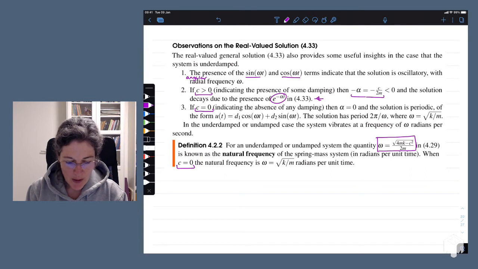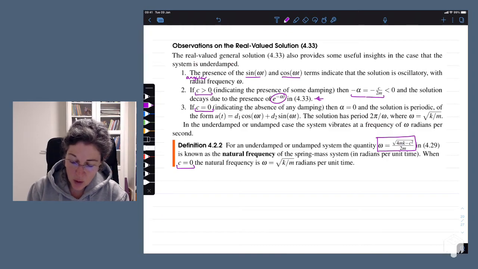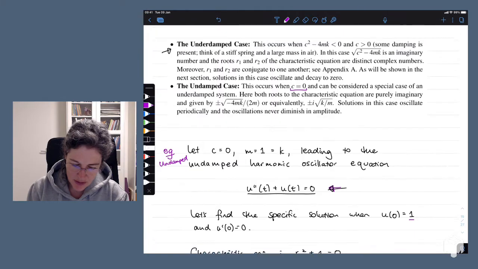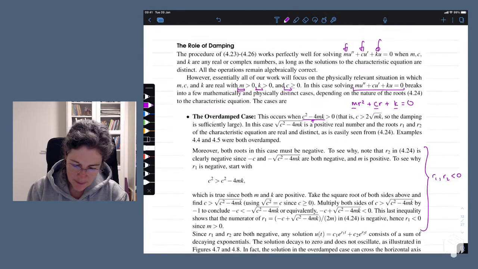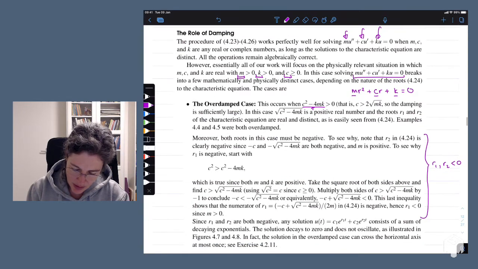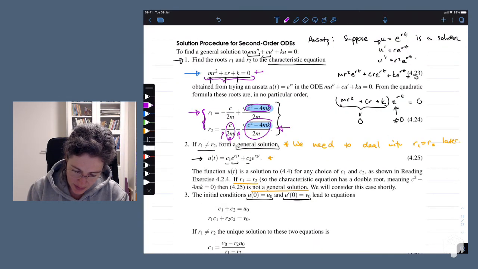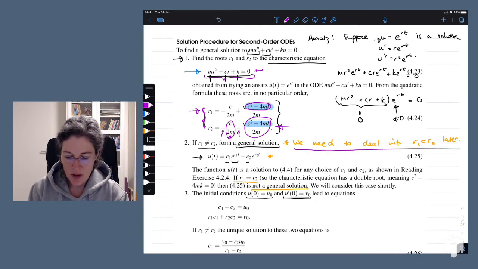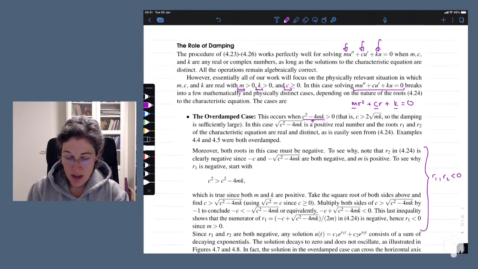Phew, okay. So it would be nice to say that we're done, but we are almost done. Remember when we talked about way back at the beginning, I think back up here, I put a little star here. We need to deal with the case where our roots are equal a little bit later. And that's what we need to deal with next.